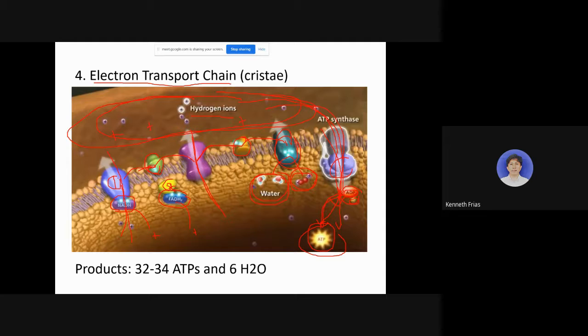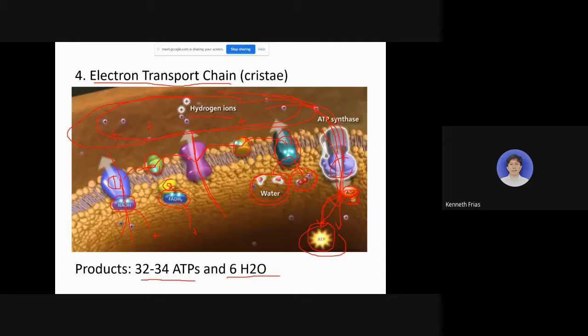And because of the simultaneous events that are happening in the electron transport chain, it produces about 32 to 34 ATPs, or it depends on the literature. Some say 34, 36, 32, but it's about 32 to 34 ATPs and about 6 molecules of water.